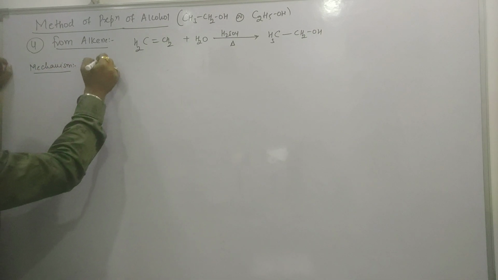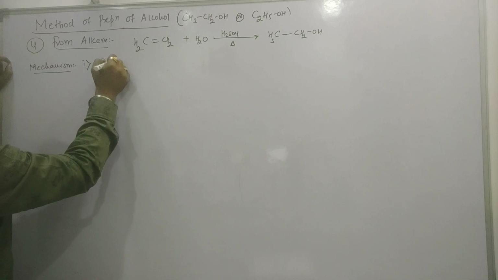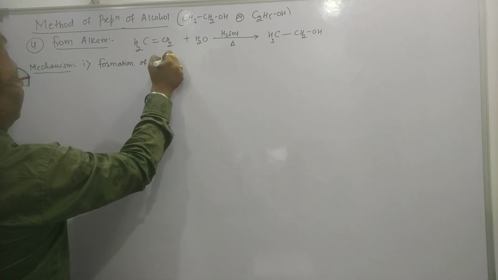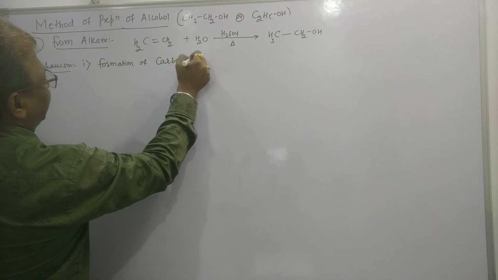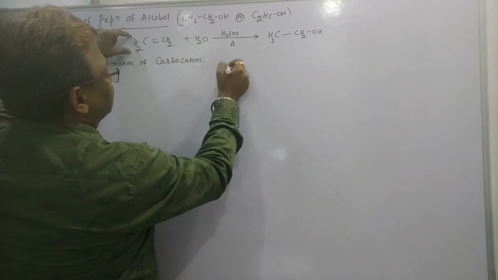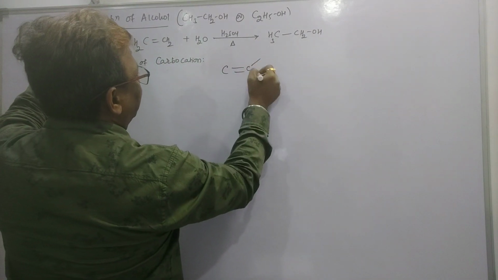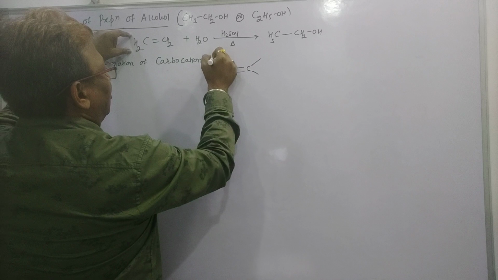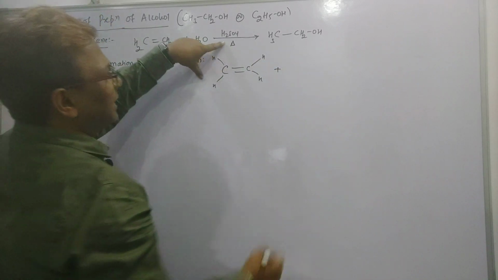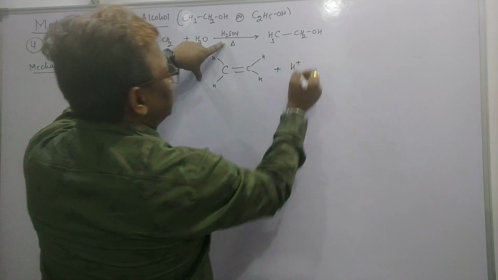Step number one: formation of carbocation. You can see this is a carbon double bond carbon and these are the four hydrogens present over it. The reaction takes place in the presence of an acidic medium, so obviously H plus is there.